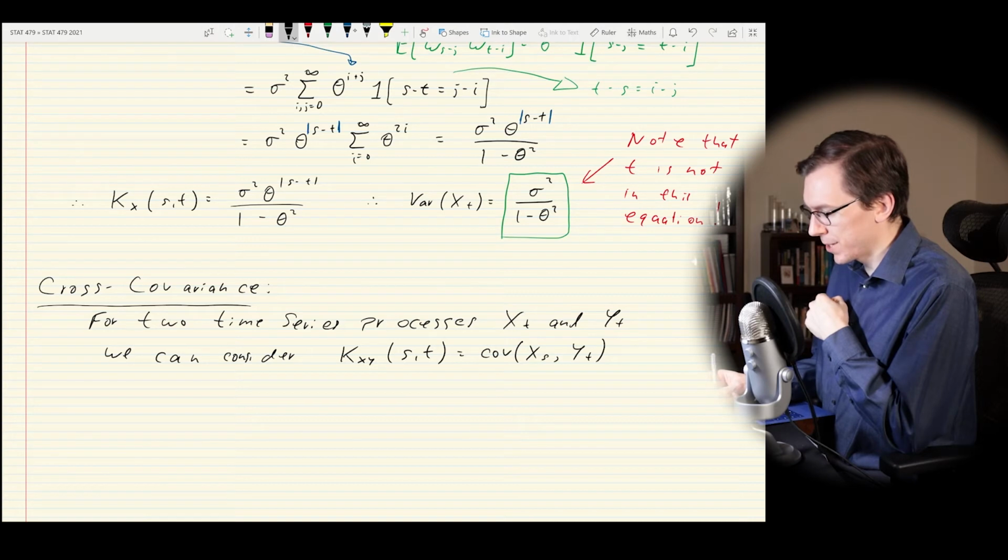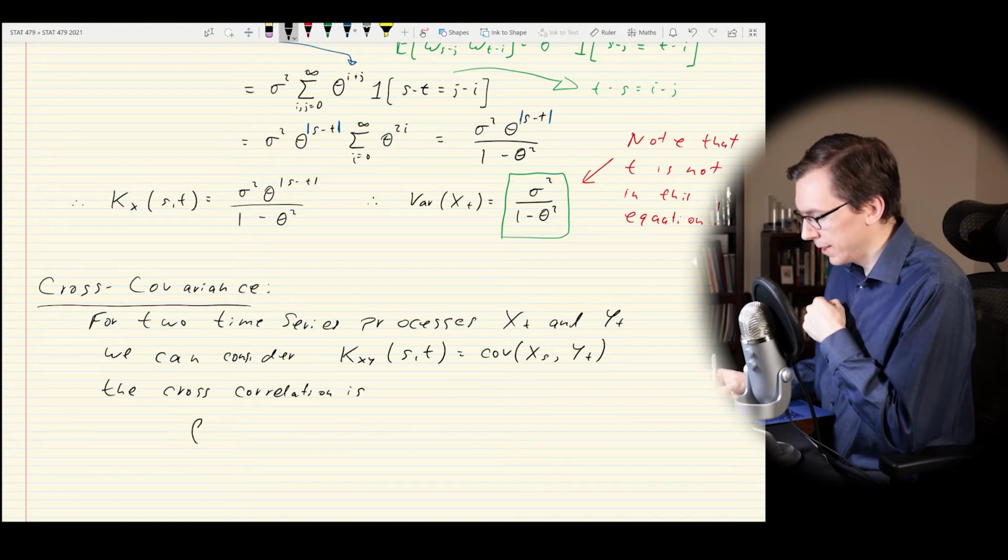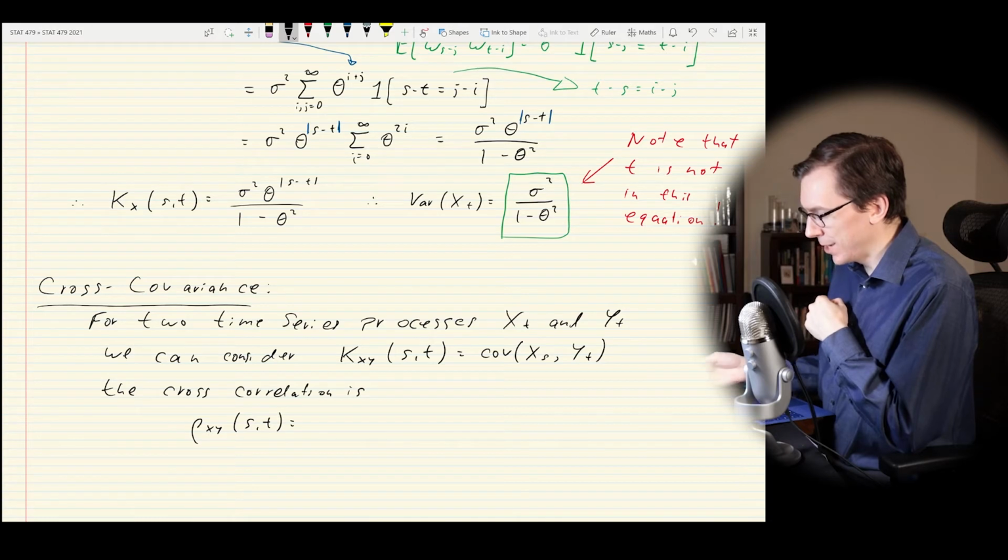And even more so, the cross correlation is going to be rho xy st, which is going to be our cross covariance normalized by the respective variances in the denominator.